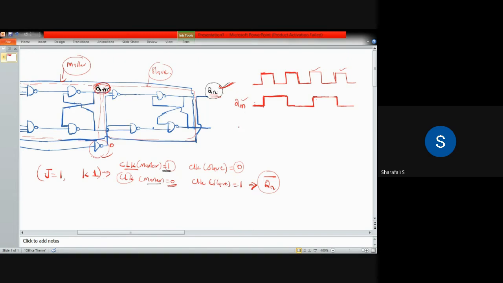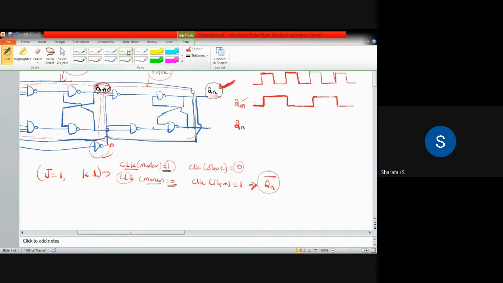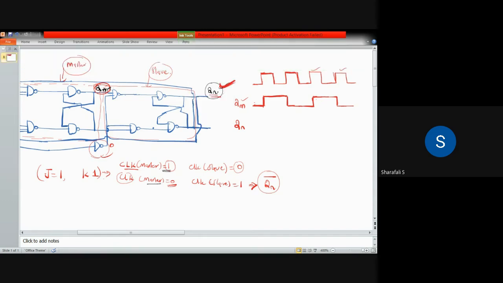Now if you consider Qn, that is the final output of your master slave JK flip flop. As you see from the figure, when your clock is high, your slave will be inactive, because we have this NOT gate here.